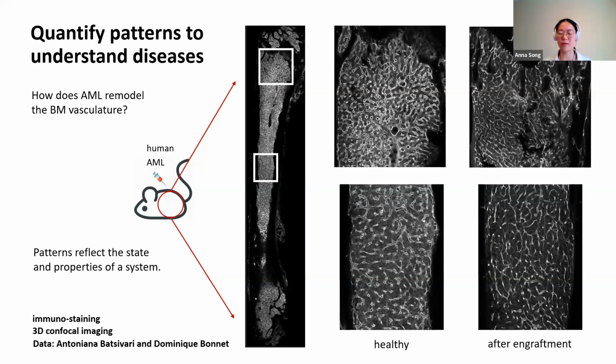Actually, you go from smooth, regular, thick vessels to thin, leaky, very rough aspects of the vessels after progression of the disease. So really the aim behind this is that the patterns reflect the state and the properties of your system, so how can we as mathematicians understand this?